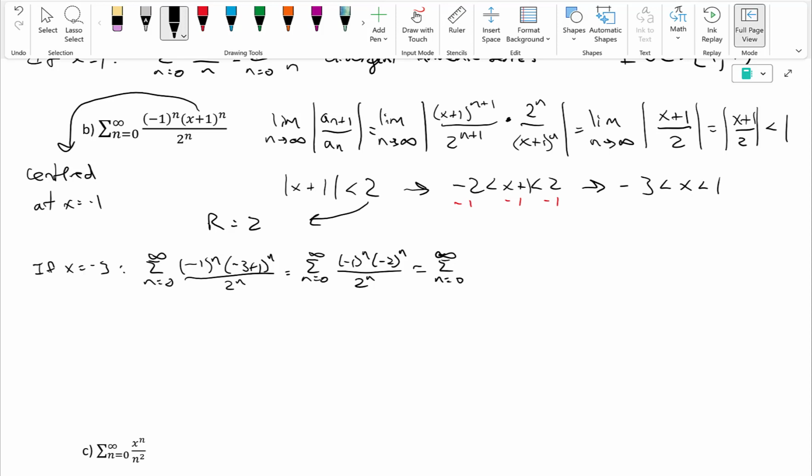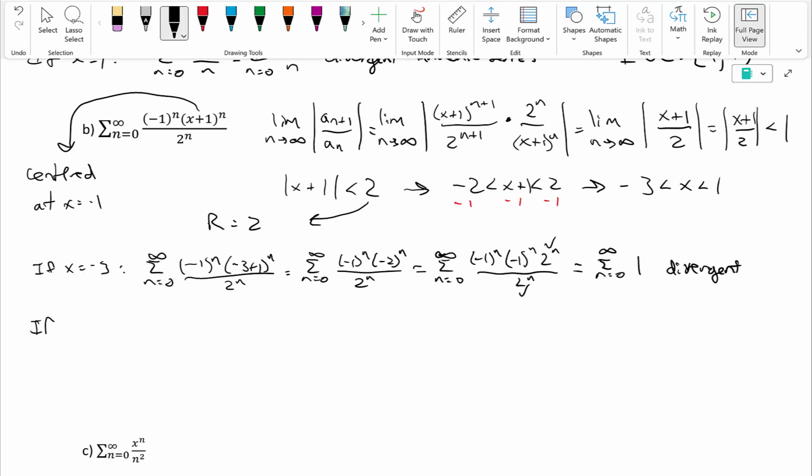Our summation, n equals 0 to infinity. We could think of (-1)^n times (-1)^n times 2^n to break apart that -2, all over 2^n. The 2^n's would divide out. (-1)^(2n) is just a 1. So really our summation boils down to the summation from n equals 0 to infinity of 1, which is divergent. Right? We just keep adding 1 over and over and over again, so our limit would be infinite.